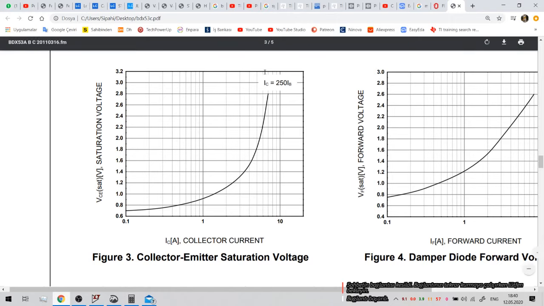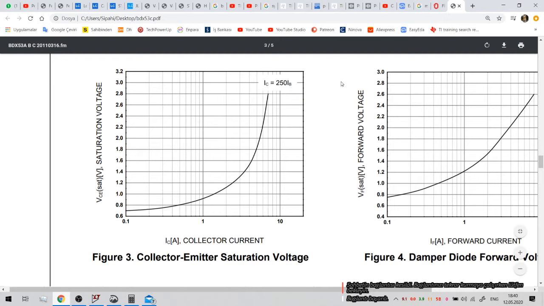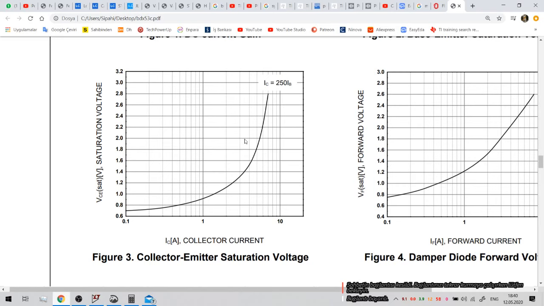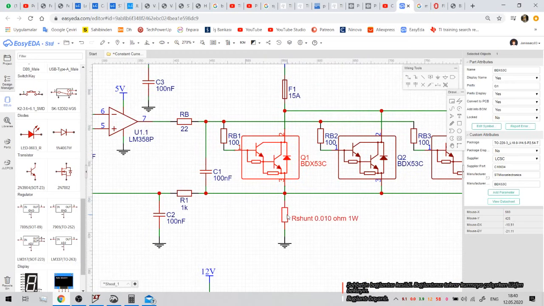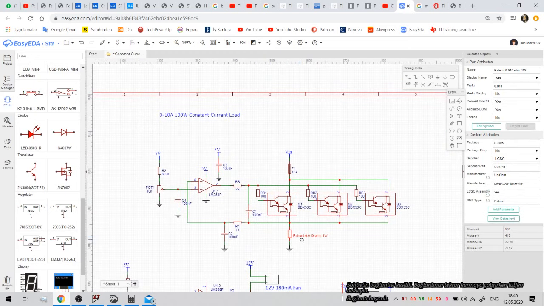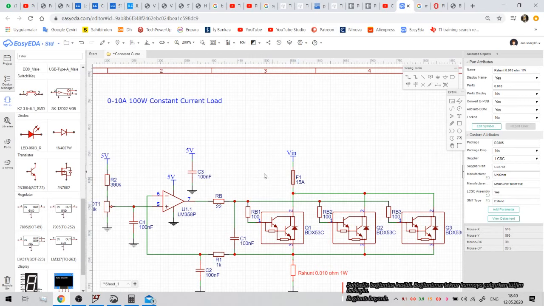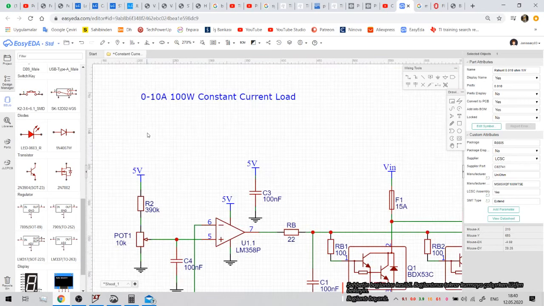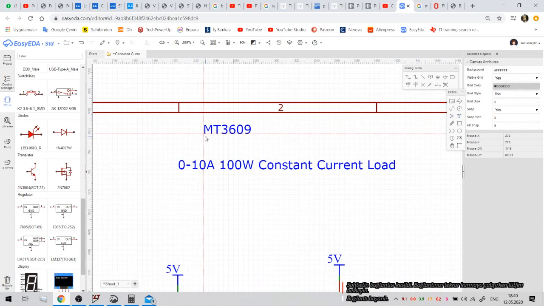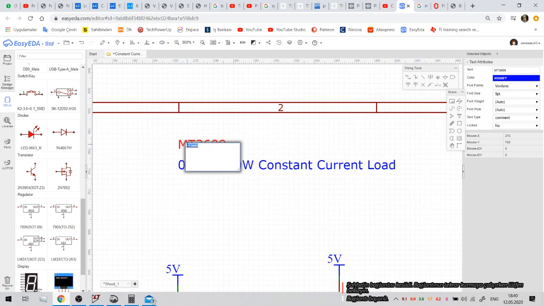We can use this 10 amp region with only 1.5 volt drop, and also 0.1 volt to here. Total Vin input voltage seems to be, I think, 1.6 volt.